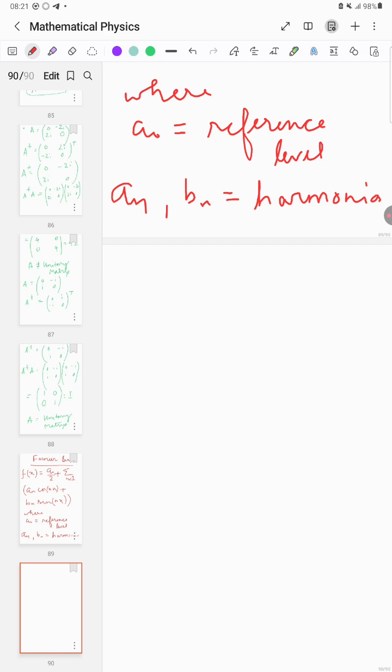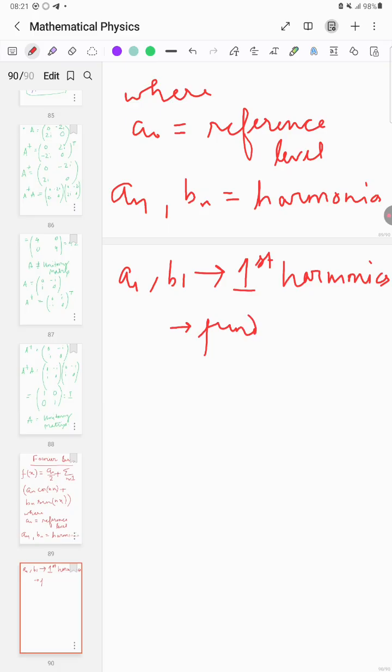When we talk about harmonics in a Fourier series, we describe a1 and b1 as the first harmonic, also called the fundamental.